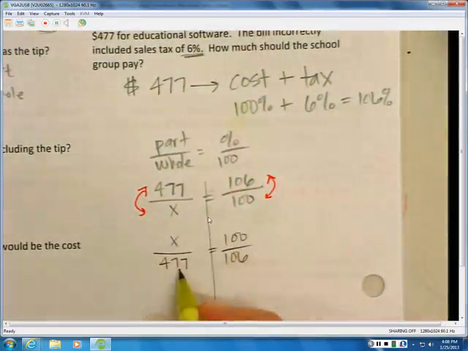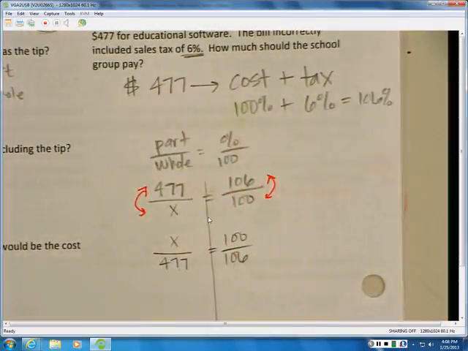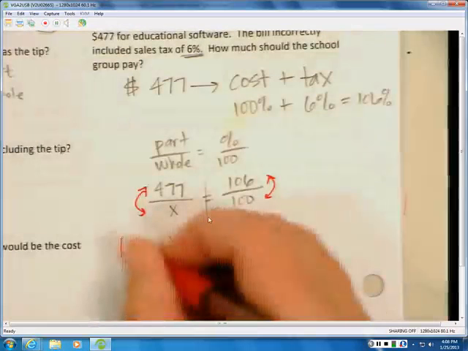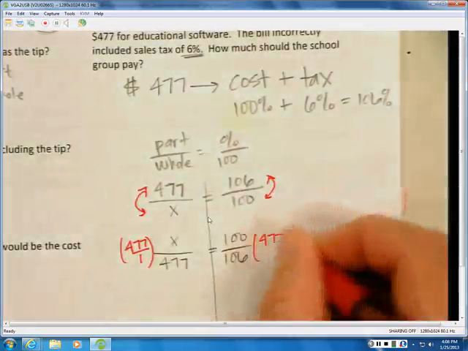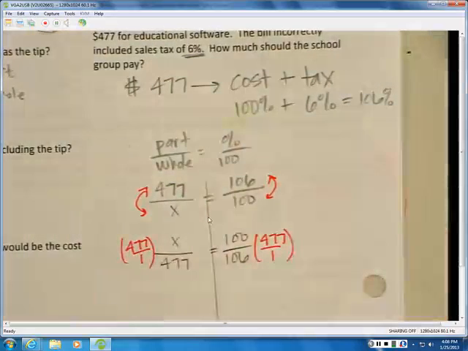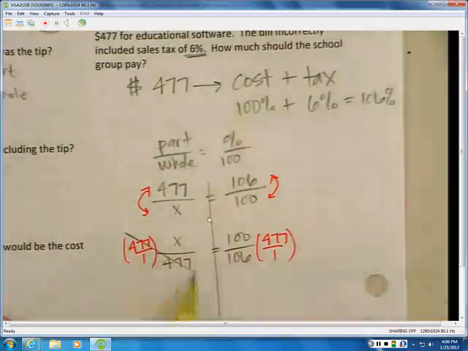The 477 corresponds to 106% of the bill. So now I've taken the reciprocal of both sides. I'm going to solve this. I multiply both sides by 477 over 1. My 477s cancel, and I get that x equals whatever this is. I'm not going to finish it because the setup is the thing that really matters here.